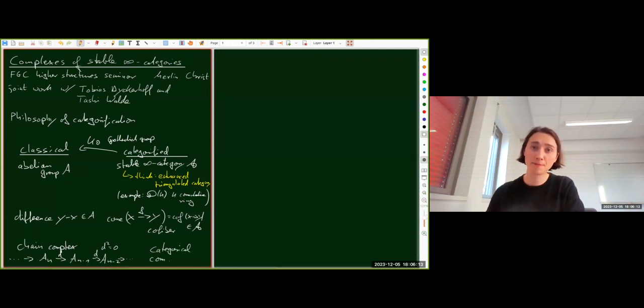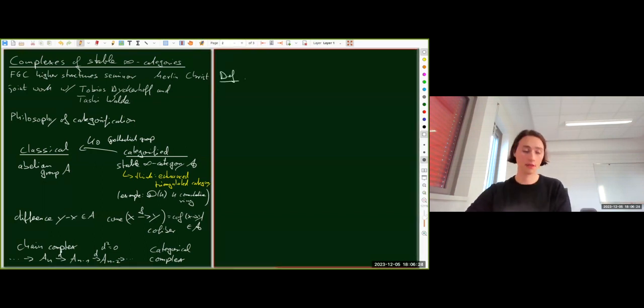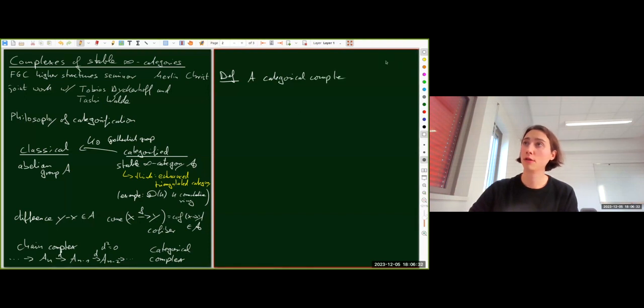Let me give its definition. A categorical complex is a sequence of stable infinity categories.